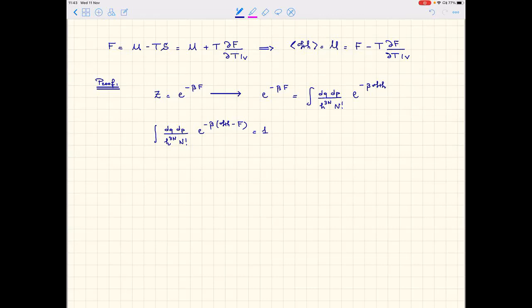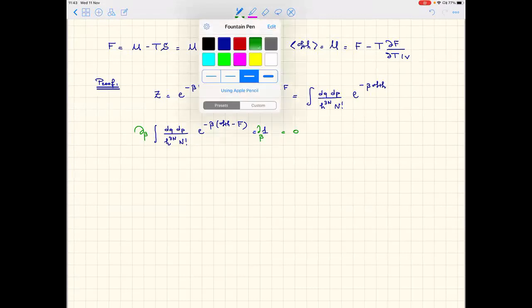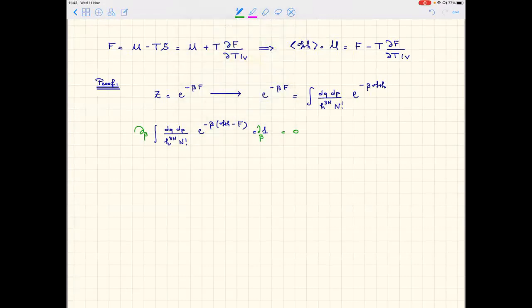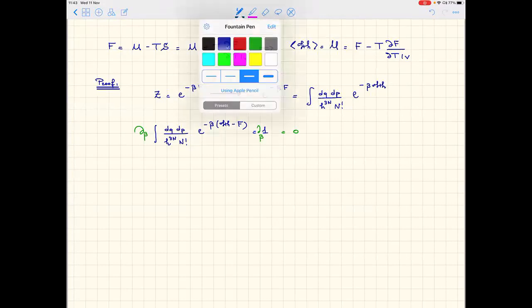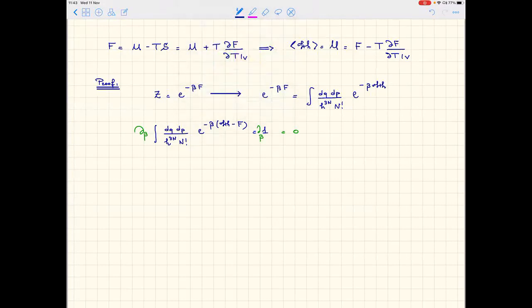Now, if this is equal to 1, then clearly, if I take the derivative on both sides with respect to beta, I will get 0. Right? Yes. And now, let's see what happens when I take this derivative.